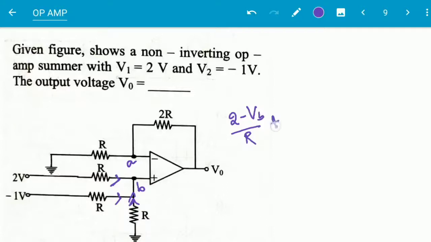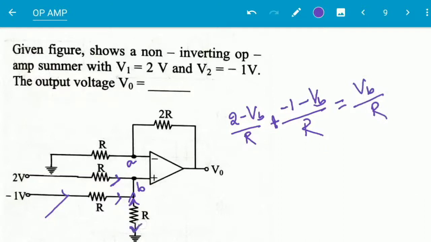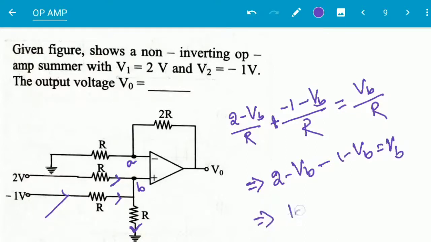If we apply KCL at B, the currents will sum to 0. So I can write it as: 2 minus VB by R, that means current from this, plus minus 1 minus VB by R, that is this current, will be equal to VB by R, the current in this way. So 2 minus VB plus minus 1 minus VB will be equal to VB, and this gives 1 minus 3 VB equal to 0, and VB will be equal to 1 by 3 volt.